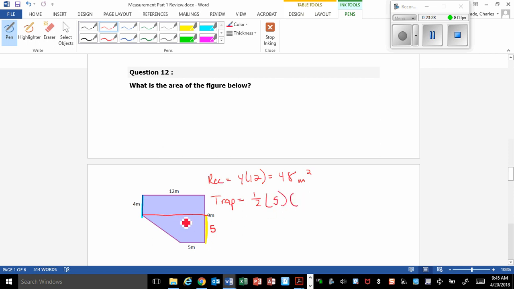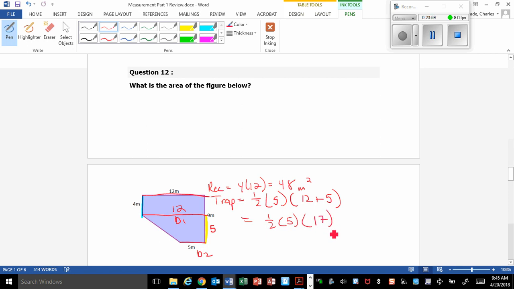So now I have the height, which is 5. And then it says base 1. And if this length is 12, then I know this length is 12. And I have this length, okay, which is 5. So this could be base 1, this could be base 2. So that would give me 1/2 times 5 times 12 plus 5, which is 17, right?